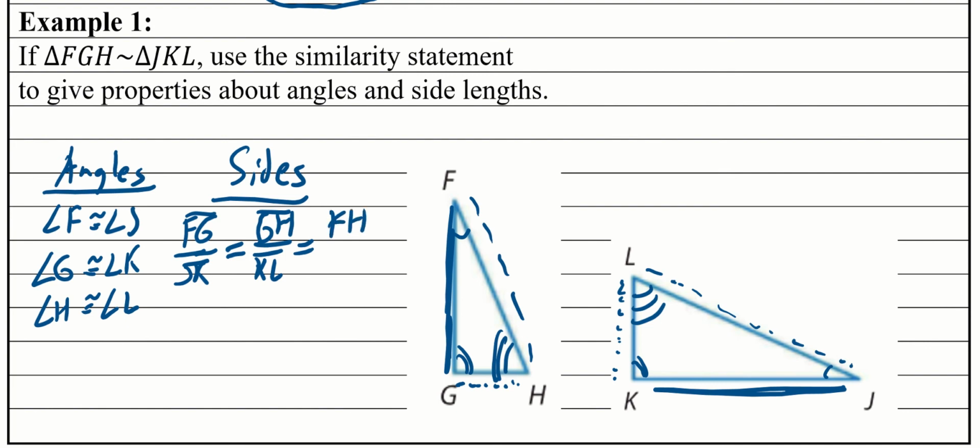So it's going to be equal to FH over JL. Okay, this is what we're talking about when we say proportional. And we're going to set up a lot of proportions in problems like this to be able to solve for different lengths and variables. And notice we don't need to do a final similarity statement because we've already been told that they are similar from the beginning.